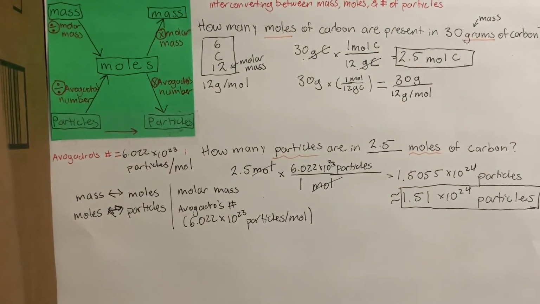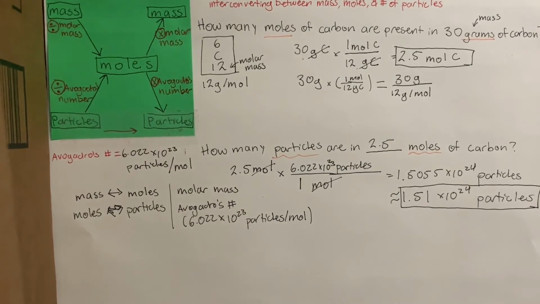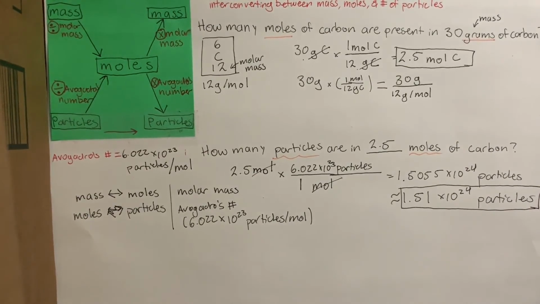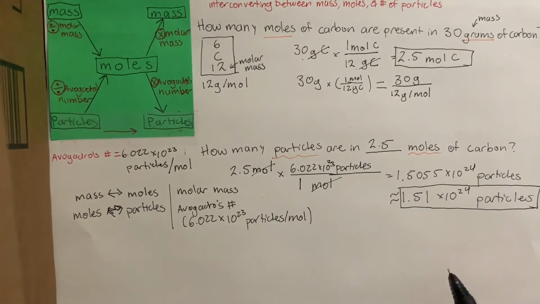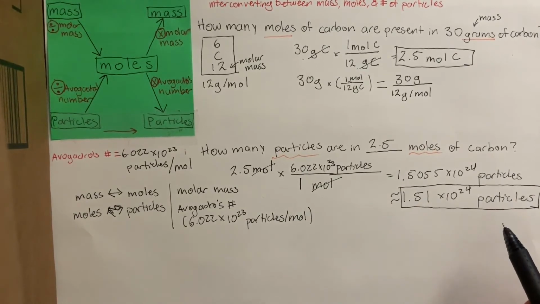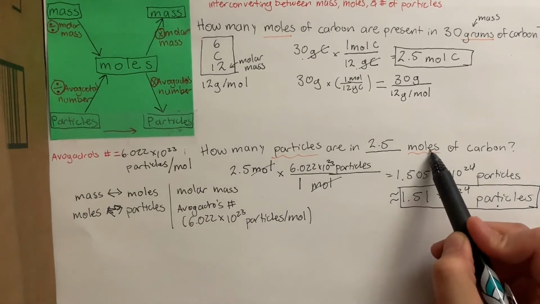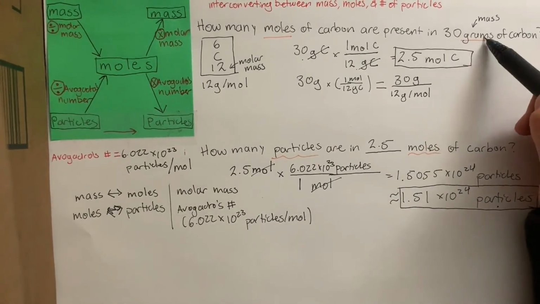All right, now you try practicing converting back to the grams of carbon. So try working backwards by converting the number of particles into the number of moles back into grams.